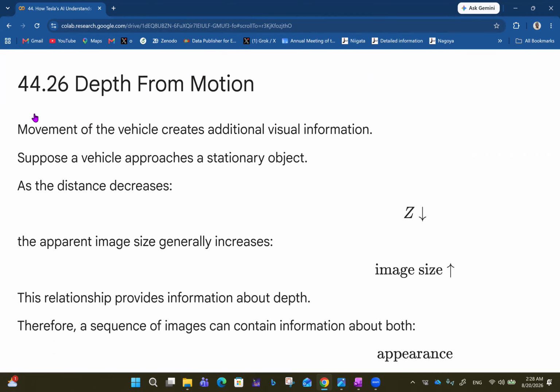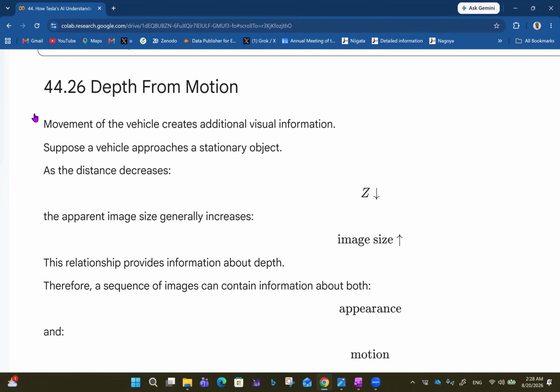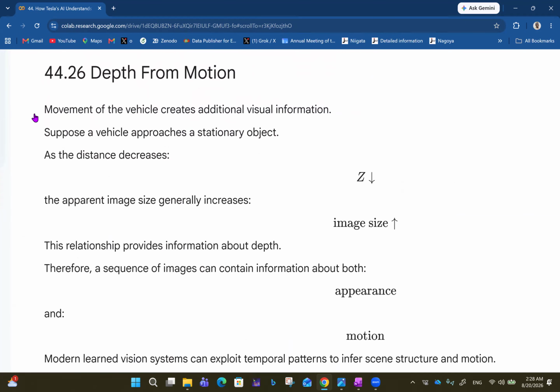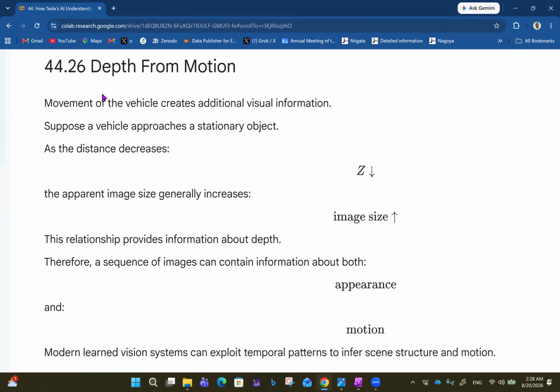And then we can also talk about depth from motion. Of course, for an autonomous vehicle, there might be motion involved between it and other vehicles, right? So movement of the vehicle creates additional visual information. Suppose the vehicle approaches a stationary object. As the distance decreases, z decreases like that.